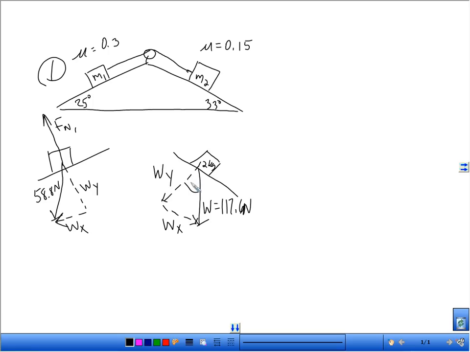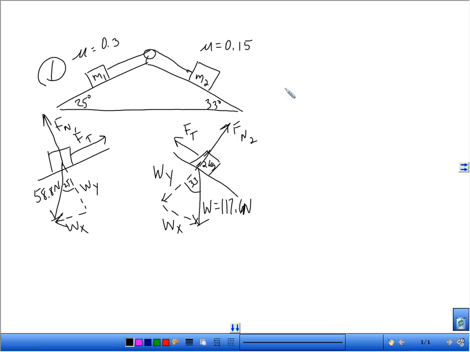This angle is 33 degrees. This angle is 25 degrees. I have tension pulling here. And I have tension pulling here. And looks like that's about all I know from my free body. Oh, I have a normal force here. Sorry. You got to have a normal force here.